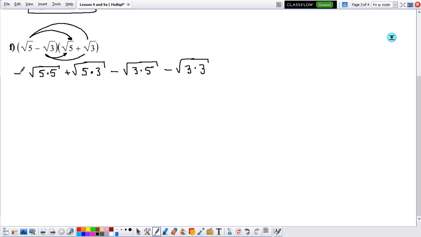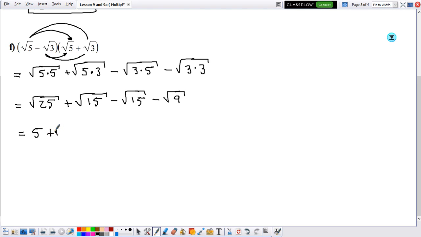So now let's see, can we simplify this? Well, 5 times 5, that's the square root of 25. 5 times 3, that's 15. 5 times 3, that's still 15. Minus 3 times 3, that's 9. Now, when you're dealing with square roots, try to see if you can simplify. Well, we know that square root of 25 is nothing other than just 5. We don't know the square root of 15, so let's just leave it like that.